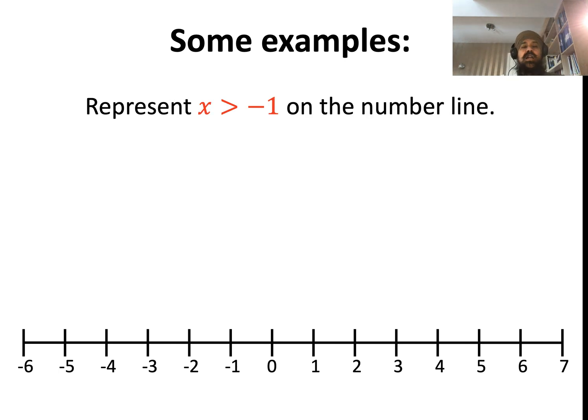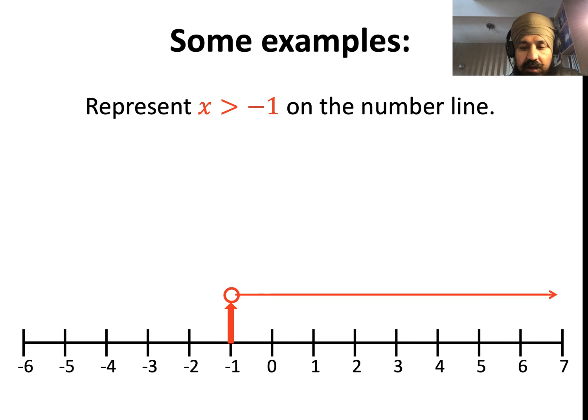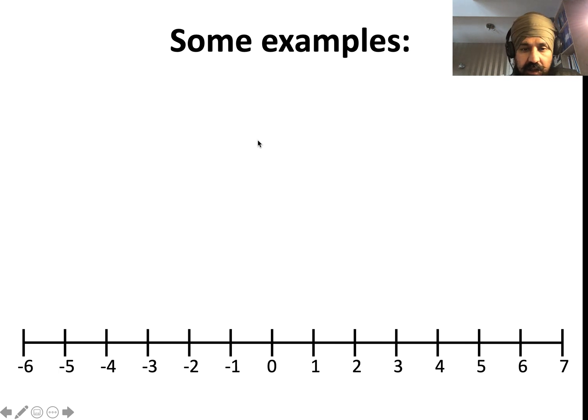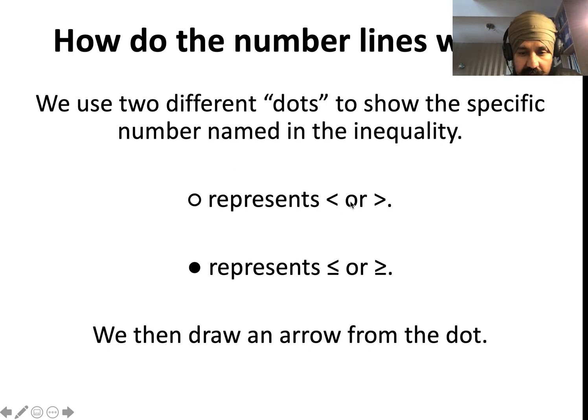Represent x is greater than -1. So we're going to say x can be anything, any value, greater than -1. Now we know that -1 is here. We will start with the open circle. Remember, I showed you before, if it is smaller than or greater than, you start with the open circle.